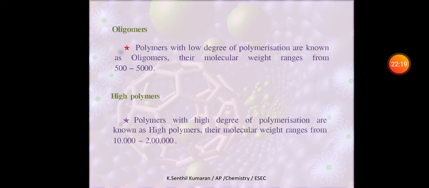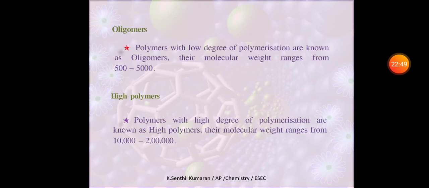Based on the degree of polymerization, polymers can be classified into two types: oligomers and high polymers. Oligomers means low degree of polymerization. The molecular weight ranges from 500 to 5000 units.